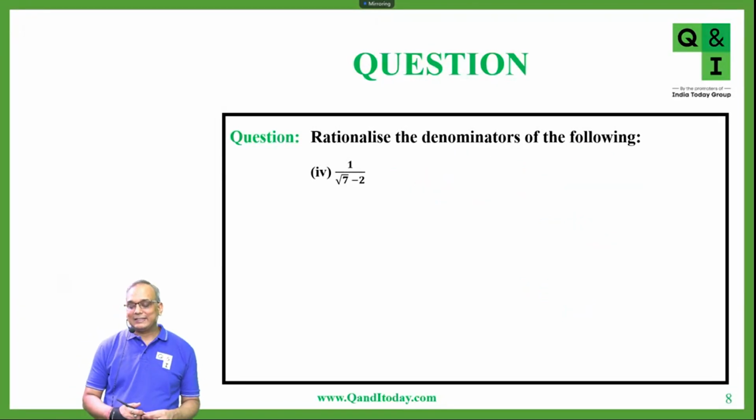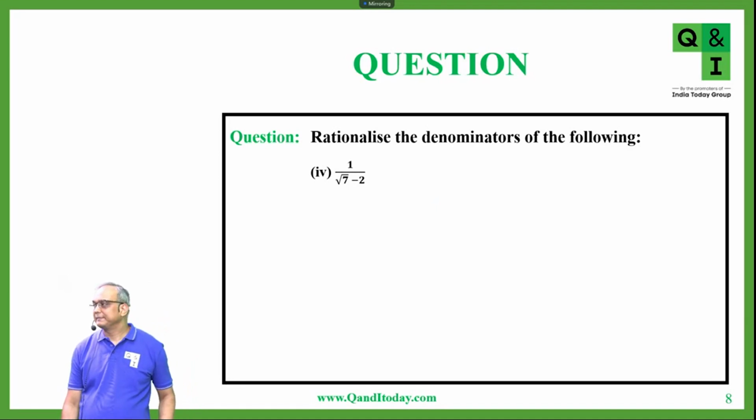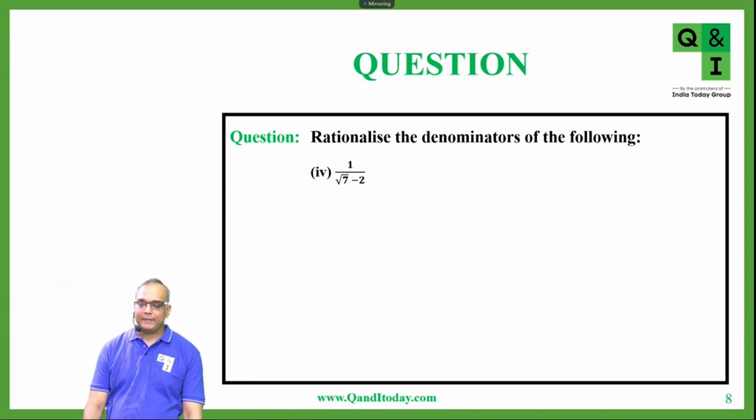Quickly rationalize the denominator and tell me the answer. Attempt this question on your own and try to solve it. So you have to rationalize the denominator of 1 by root 7 minus 2.